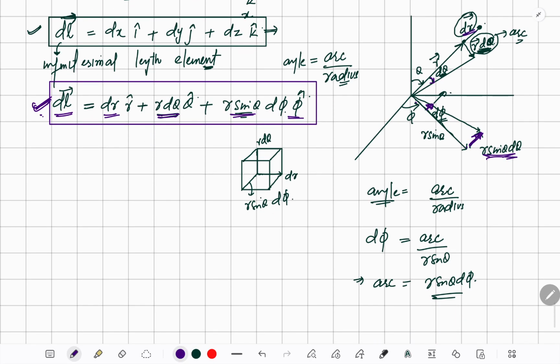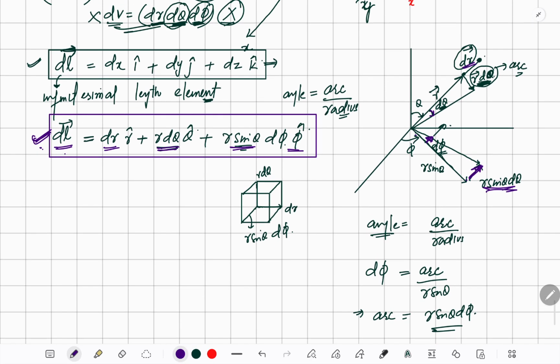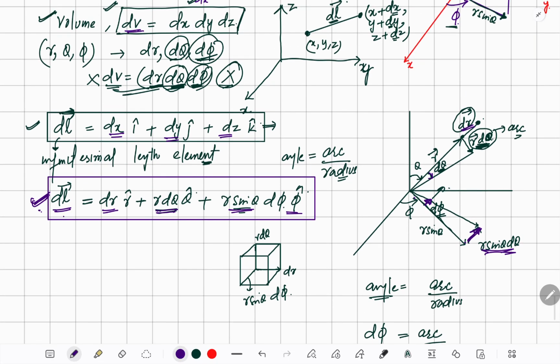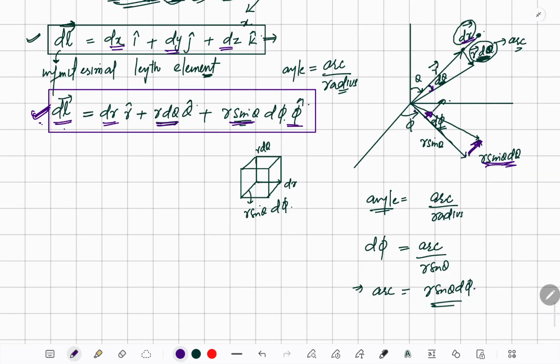Now, tell me what is the volume now. Just like dx dy dz gave us the volume, similarly here the volume would be dr times r d theta times r sine theta d phi, and it has no direction because volume is a scalar quantity.